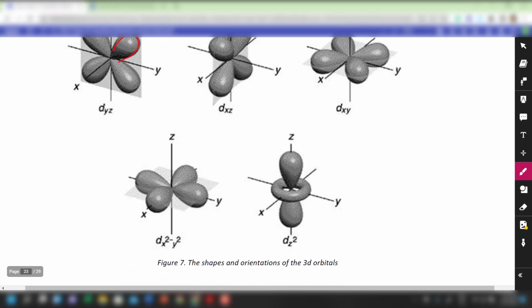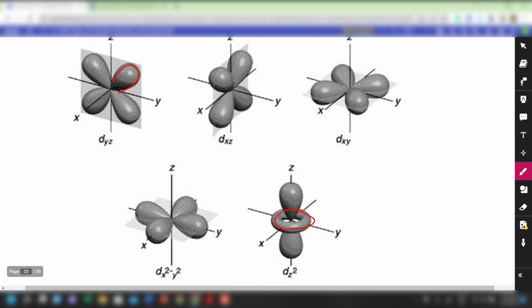And dx squared minus y squared, basically it is the dxy rotated by 45 degrees clockwise or anticlockwise, and the orbital lobes lie along the axes. So that will be dx squared minus y squared. dz squared will be the lobe lying along the z-axis with a donut shape around the xy plane.